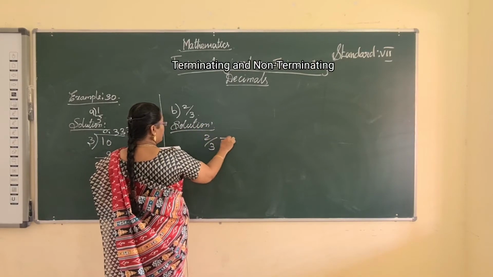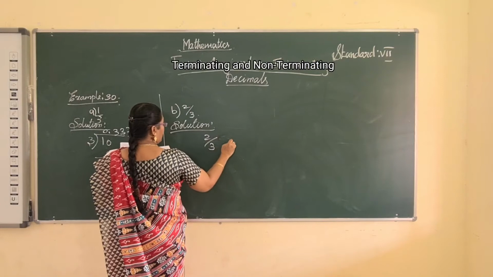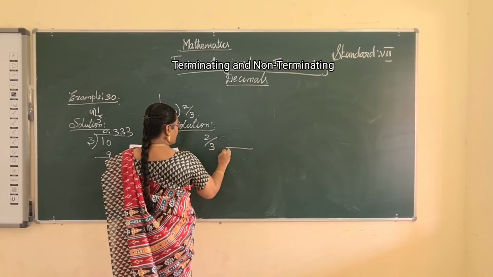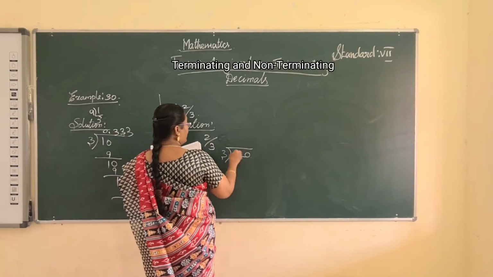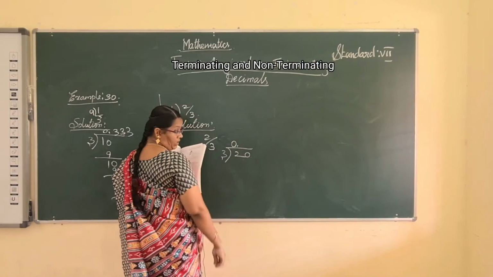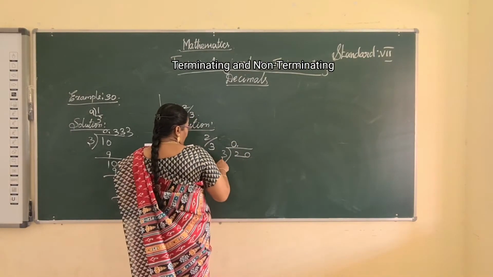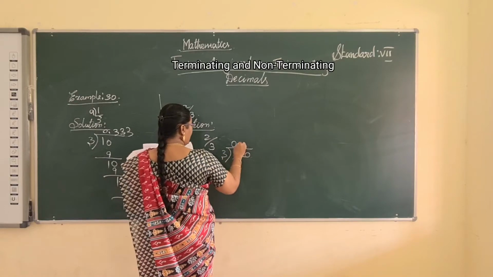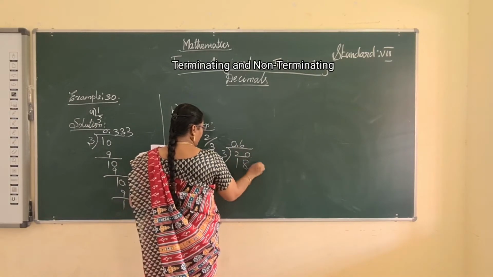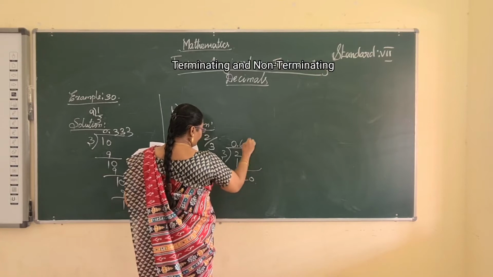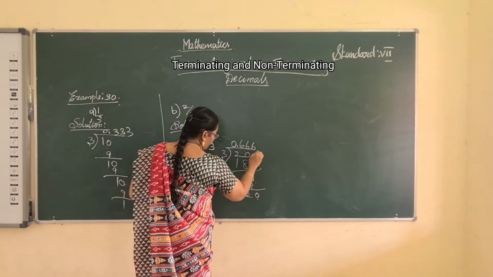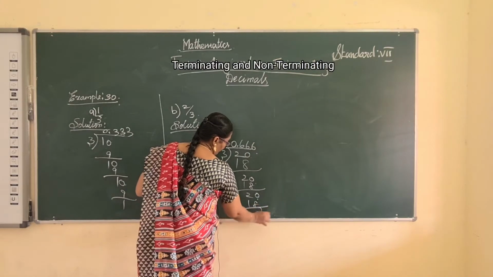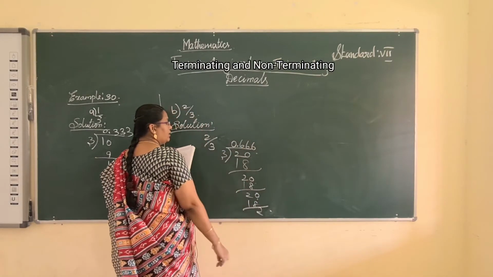Now 2/3. The divisor is 3, the dividend is 2, which is not possible. Add 0 here, put the decimal point in the quotient place. How many times? 3 6s are 18. Again we get 2 as remainder. So it goes on endlessly.